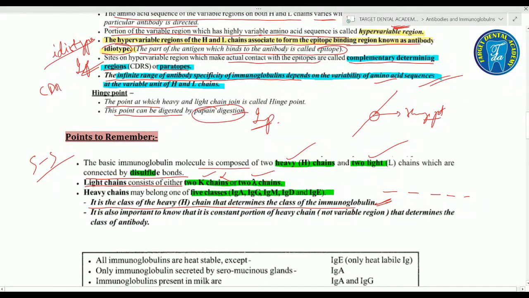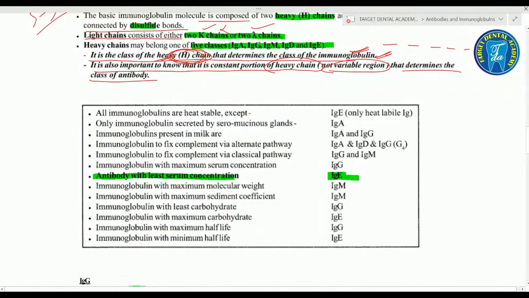See guys, it is the class of the H chain which determines the class of an immunoglobulin. It is also important to know that the constant portion of the heavy chain, not the variable region, determines the class of the antibody. This is very important from the MCQ point of view.